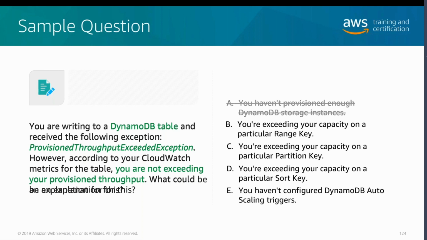It's not that we haven't provisioned enough storage instances, because we're not exceeding our throughput. We don't have a range key exception, but we could have a partition key exception. The other two really don't make sense, so I like answer C for that particular question. I did actually get this question when I took the exam too, by the way, just as a side note for you. I actually saw that particular error code show up.